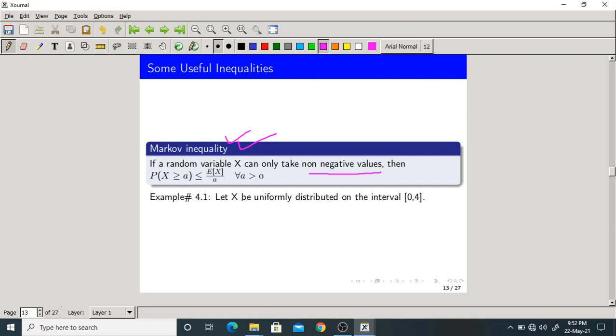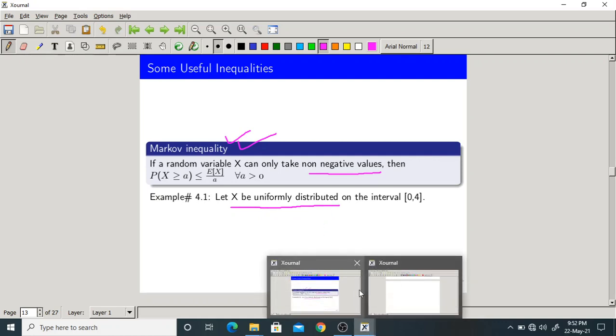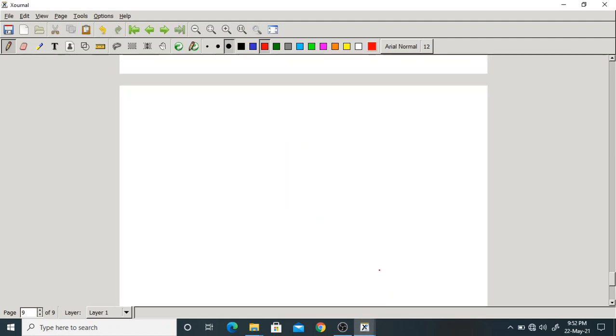Now, let X be uniformly distributed on the interval 0 to 4. For example purposes, I am defining a uniformly distributed random variable. What I want to say is that they gave you that X is uniformly distributed in the range 0 to 4.